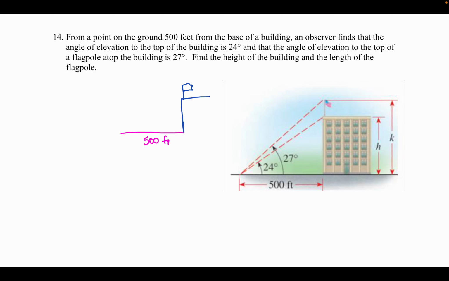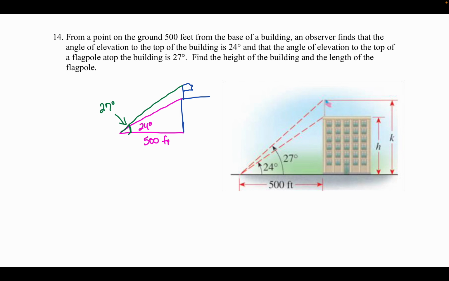When they look up to the top of the building, it makes an angle of elevation of 24 degrees. If they look up to the top of the flagpole, I'm going to redo that line. Not much better, but that angle is 27 degrees.